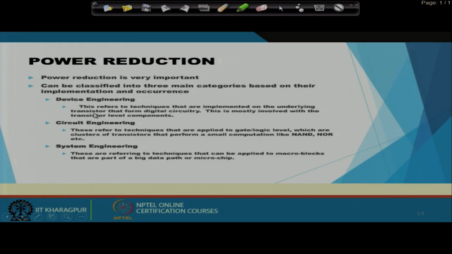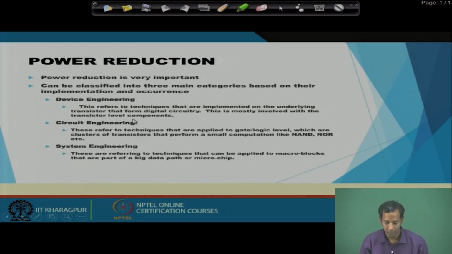So at every level, the transistor level and the device level, you can apply power reduction techniques. In device engineering, this refers to the techniques implemented on the underlying transistors that form digital circuitry. This is mostly involved with transistor level components.